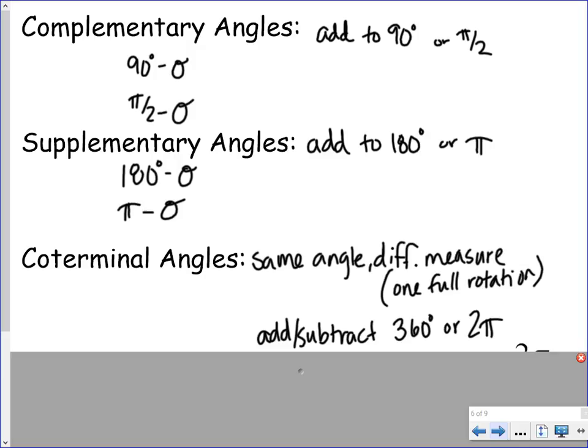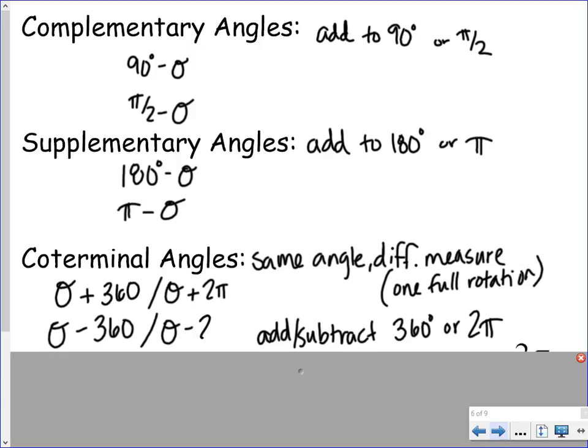The most common mistake I see is people taking 360 plus the angle and 360 minus the angle. That won't work for the subtraction one. So I would write: my angle plus 360, my angle minus 360, and then my angle plus 2 pi, or my angle minus 2 pi.